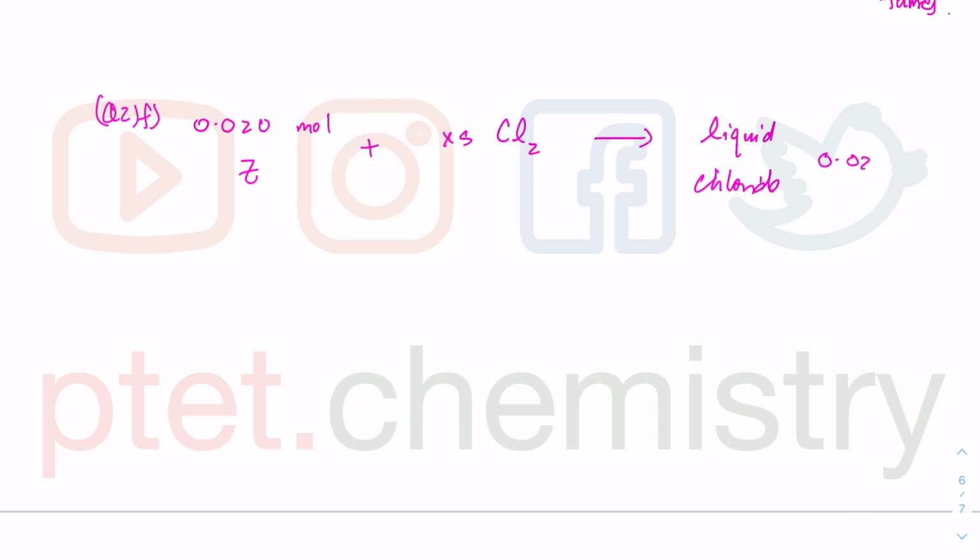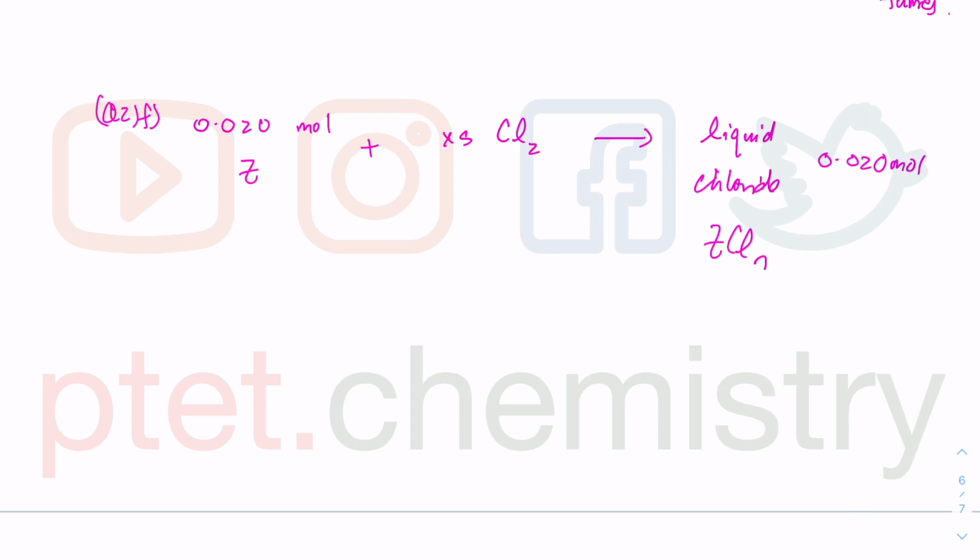What about question 2, part F? So we have 0.020 mole of that plus excess chlorine, and you get a liquid chloride, and this liquid chloride is 0.020 mole as well. And this liquid chloride is ZClN.